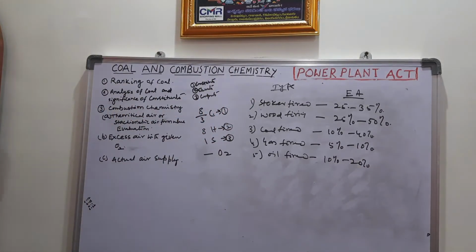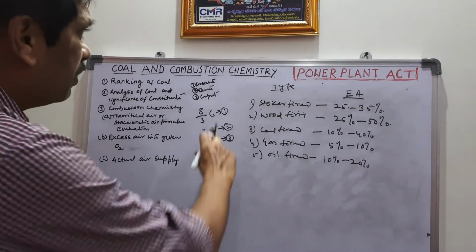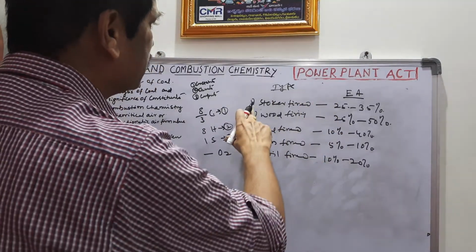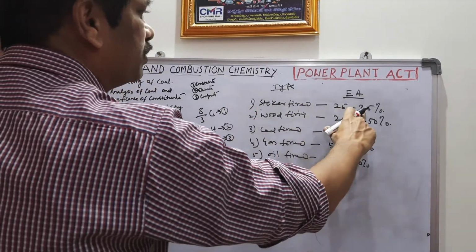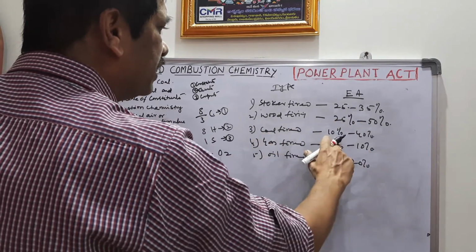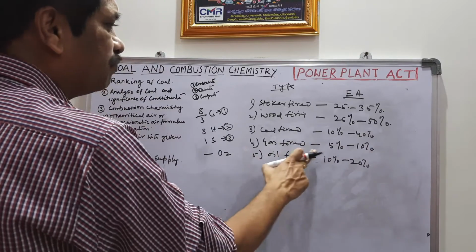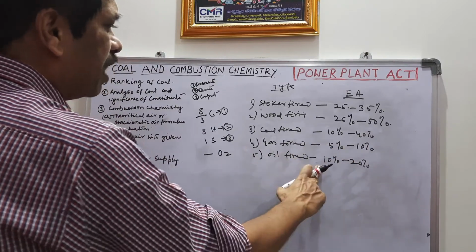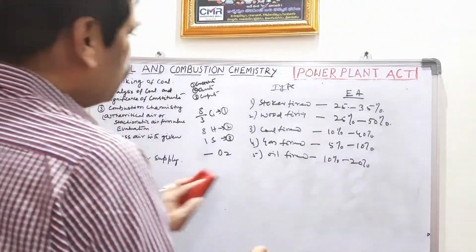These are the excess air needed for different types of fuels: stoker fired 25 to 35%, wood firing 25 to 50%, coal fired 10 to 40%, gas fired 5 to 10%, and oil firing 10 to 20%.